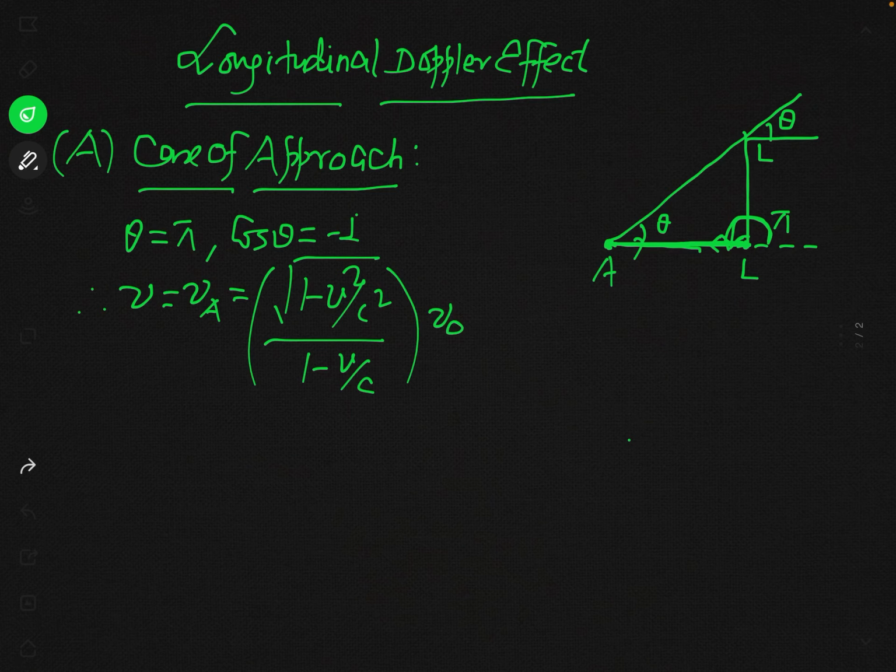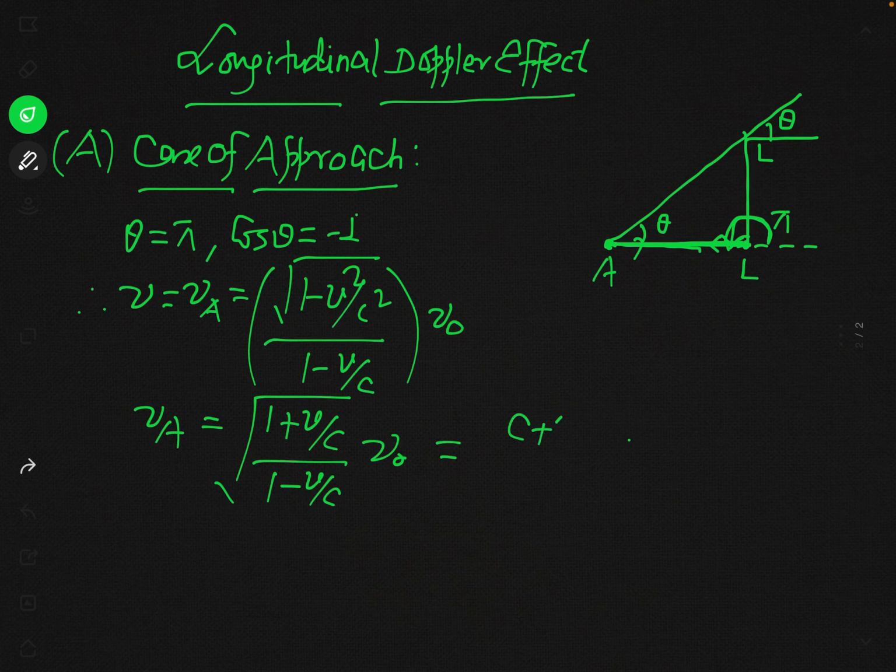Now if you simplify the numerator by the formula a plus b into a minus b equals a square minus b square, then you can easily see that this apparent frequency will be equal to the square root of 1 plus v by c over 1 minus v by c, into nu naught.